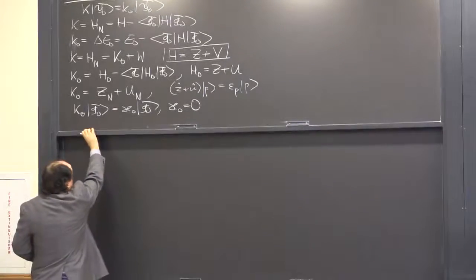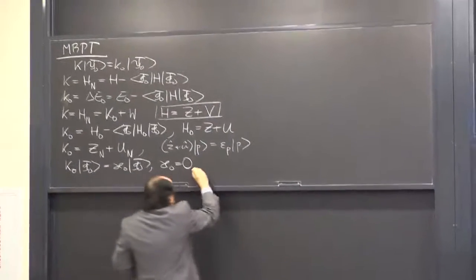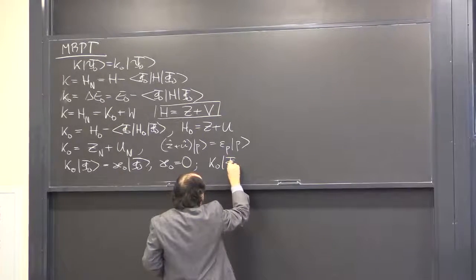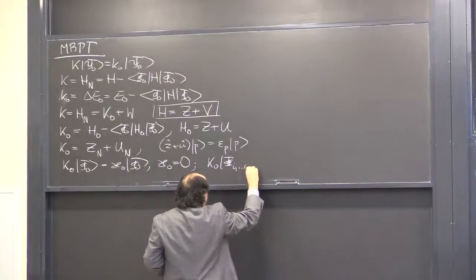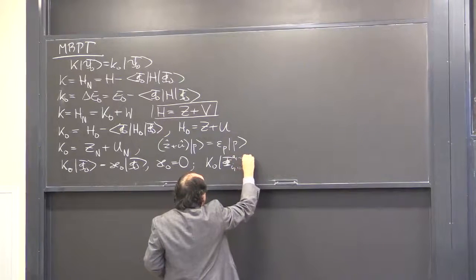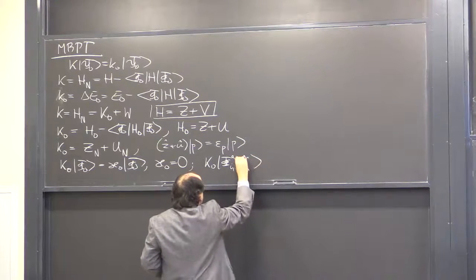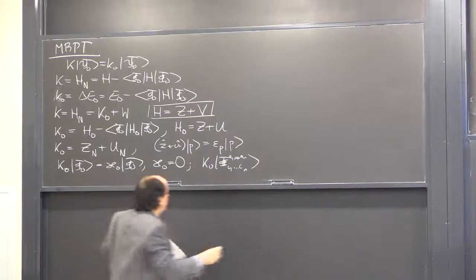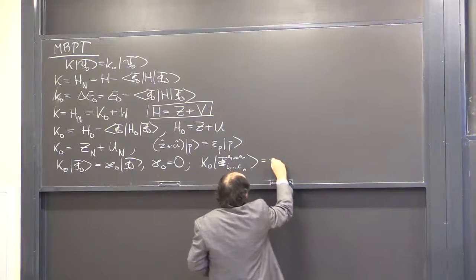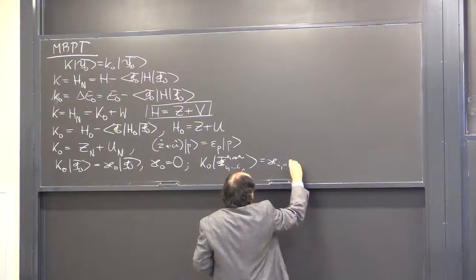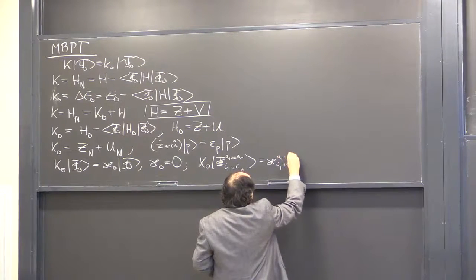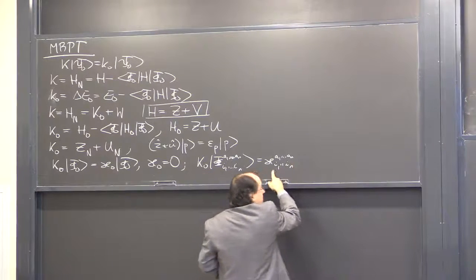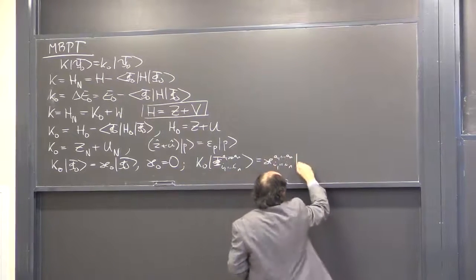And then we demonstrated that for determinants which are obtained by exciting fermions from the occupied to unoccupied single particle states in phi0, we have a formula that I'm writing now. So they are eigenstates of K0, and the eigenvalues, we call them kappa, labeled with the i's and a's of the determinant.